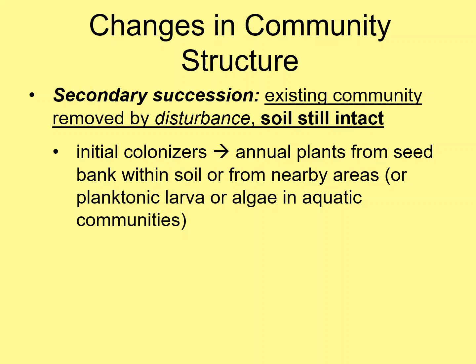In the case of aquatic communities, this means that you have a source of algae or animals, other community members, for example in a nearby geographic area, that can then disperse and colonize this new open habitat. Or you have organisms that are floating by in the plankton.